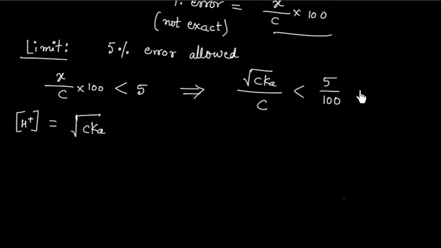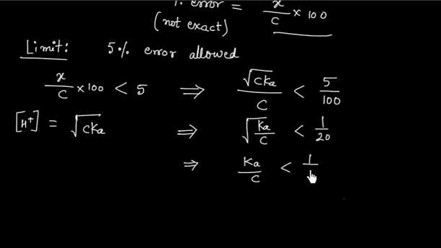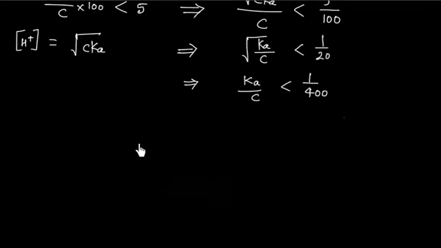So I can cancel this c and this c, and if you do some algebra, this is less than 1 by 20. If I square both sides, I will have Ka by c less than 1 by 400. Are you getting or not? So this means if Ka by c is less than 1 by 400, my approximation is allowed.